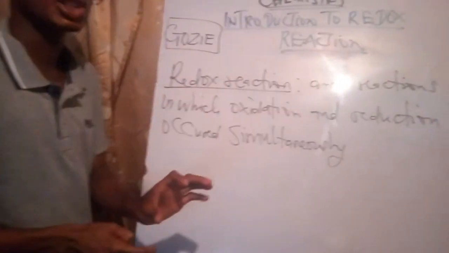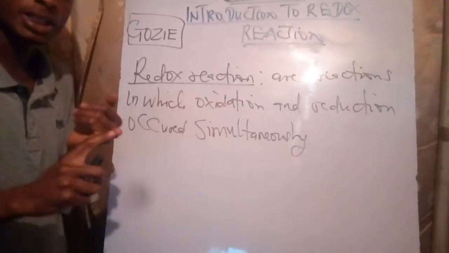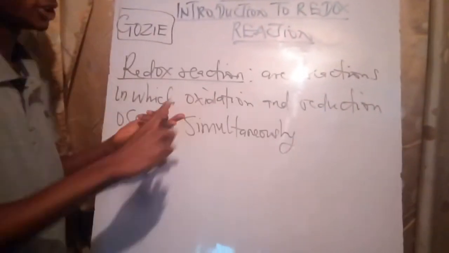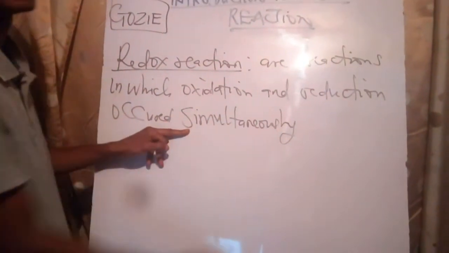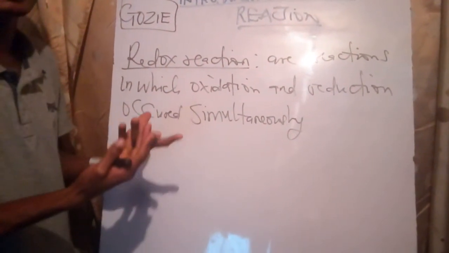If in a reaction, oxidation occurred in that reaction, reduction also occurred in that reaction at the same time, simultaneously, that reaction is a redox reaction.